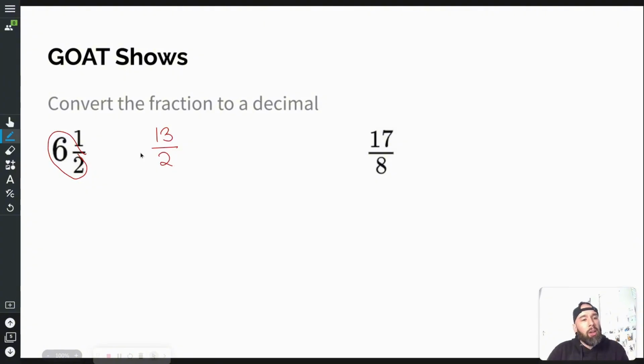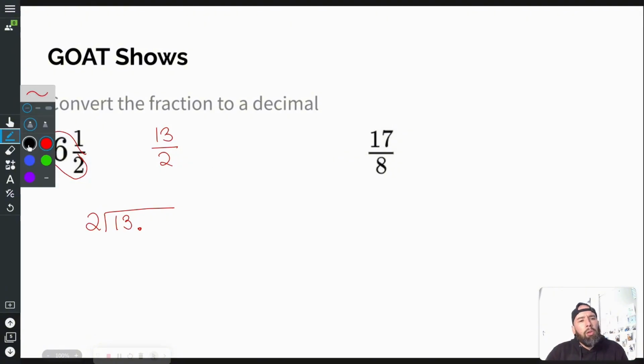Now I'm going to set up my division problem. 2 goes on the outside because it's the denominator. 13 goes on the inside. I'm going to put a decimal there, and in fact, since I'm turning all these into decimals, I will definitely need it. 2 does not go into 1, but it goes into 13 6 times. 2 times 6 is 12.